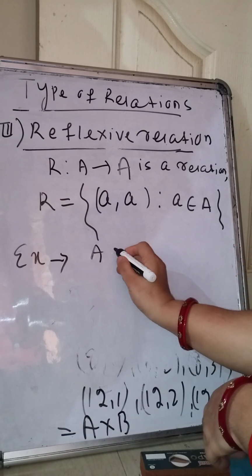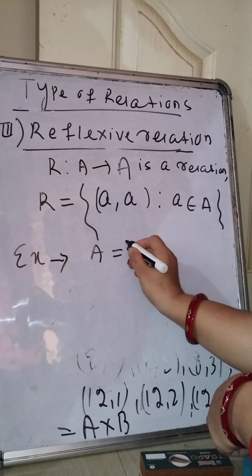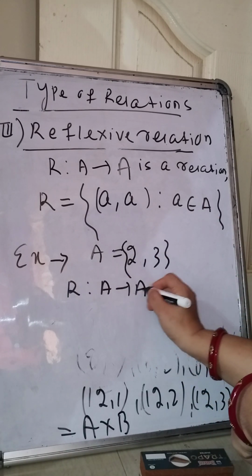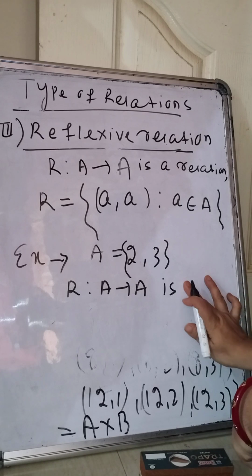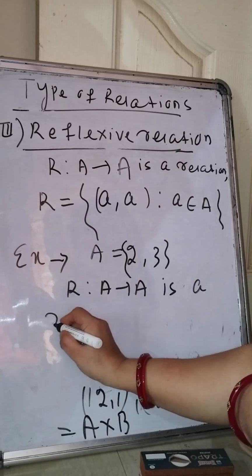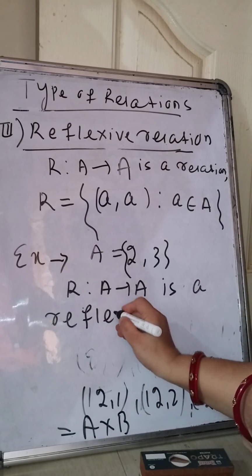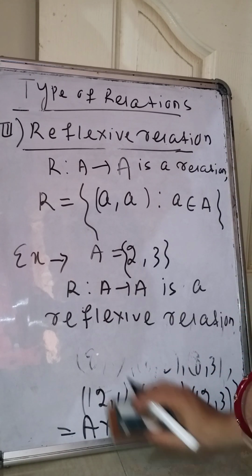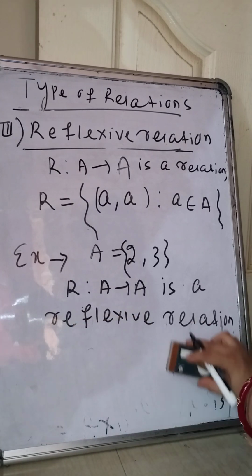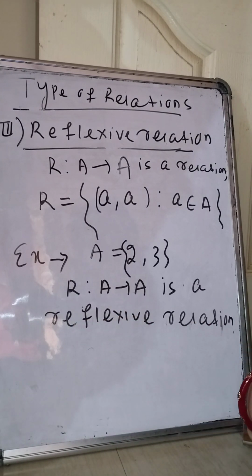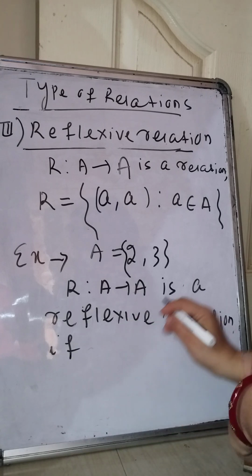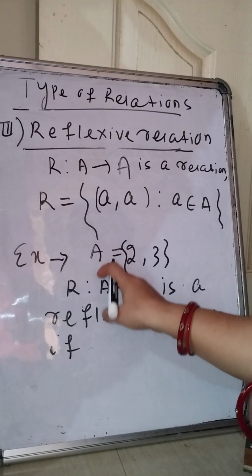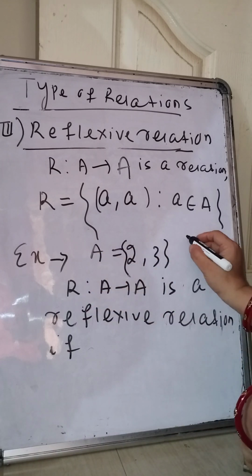Suppose A is a set of elements 2, 3. Then R from A to A is a reflexive relation if you are finding the ordered pairs from A cross A. So what are the ordered pairs?